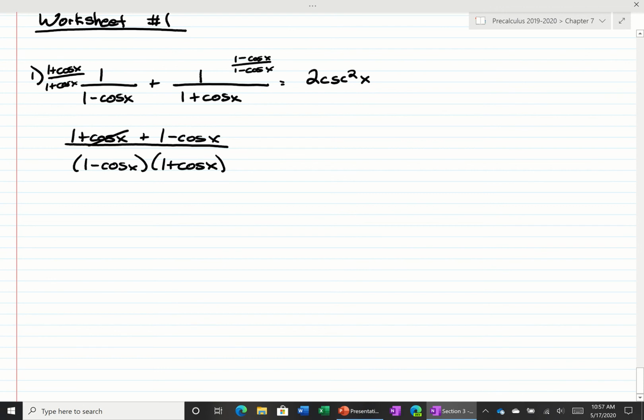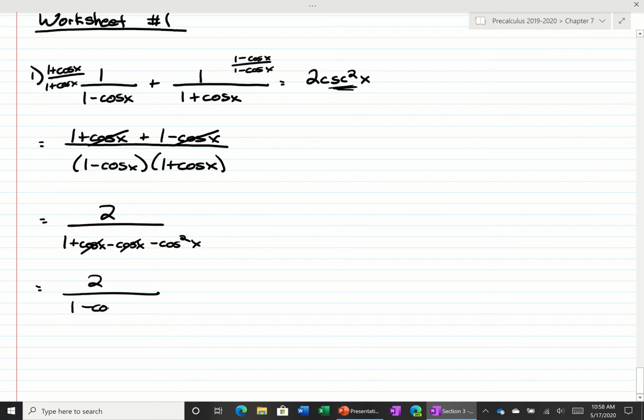Well, on top these would cancel, and that just turns into 2. And looking at what the answer should be, we have to get sine squared on the bottom, so we'll probably have to distribute out what we have. And what is 1 minus cosine squared?